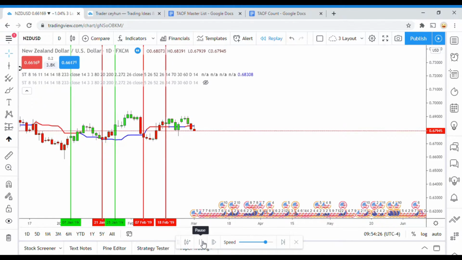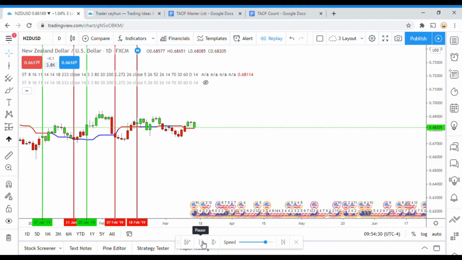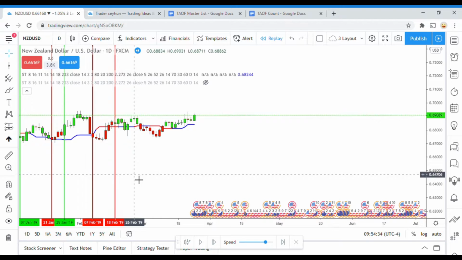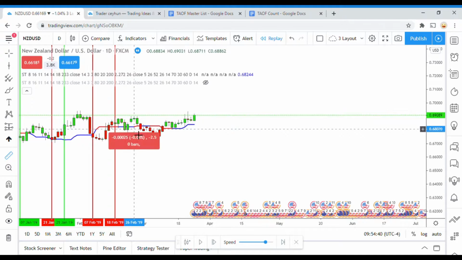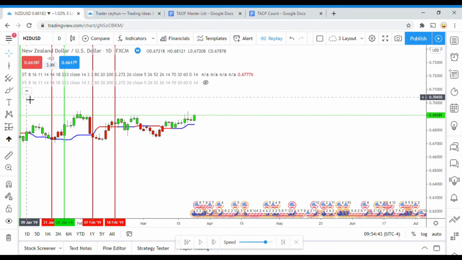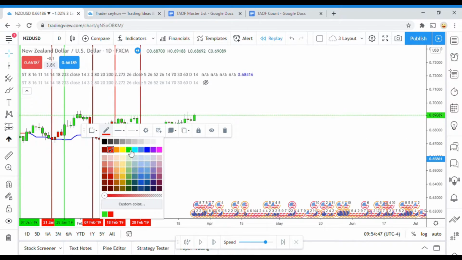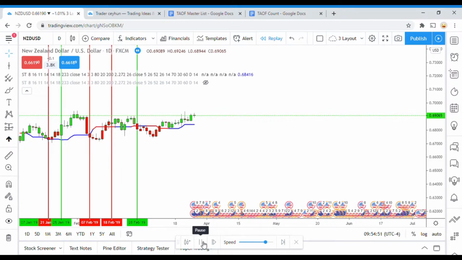And I'll put a link to this indicator in the description below if anybody else wants to play with it and see if you can kind of decode some of the possibilities behind trading it.